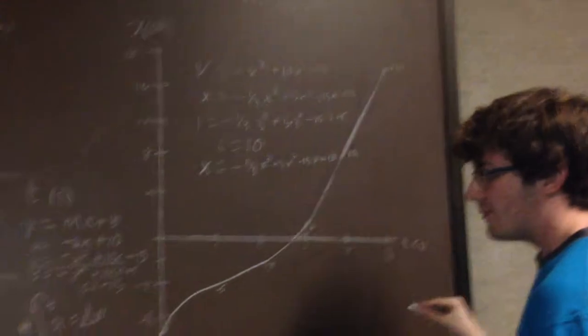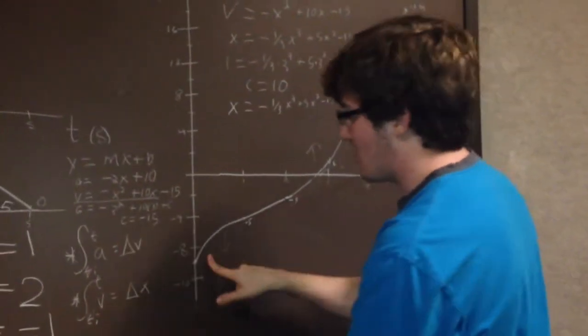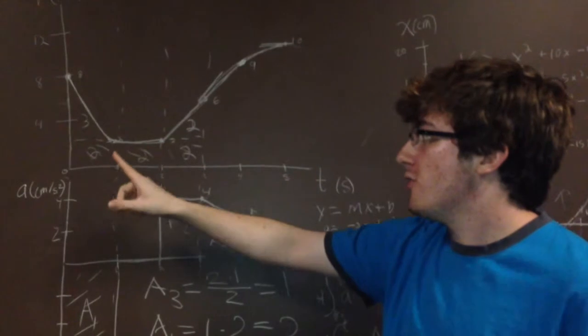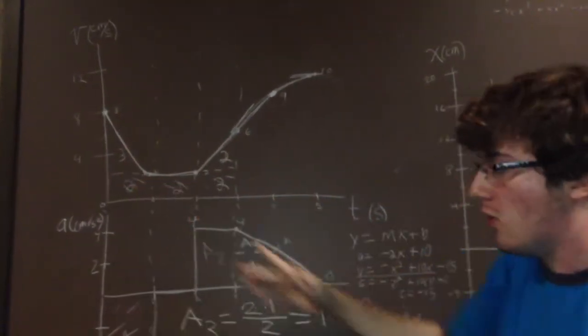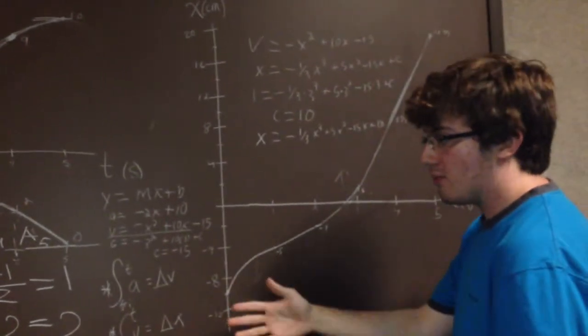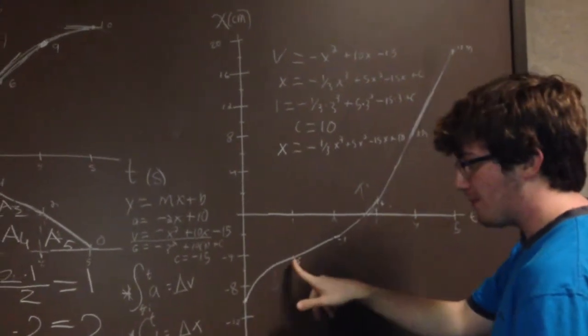All right, so the reason why it's concave down or curved down here and curved up here is we have to look to our velocity chart. So from 0 to 1 seconds, our velocity is decreasing. Although our velocity is still positive, it's decreasing, so it isn't going as fast anymore, so our line will curve down.